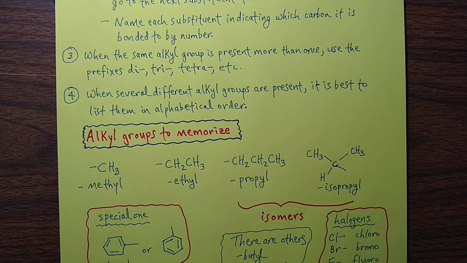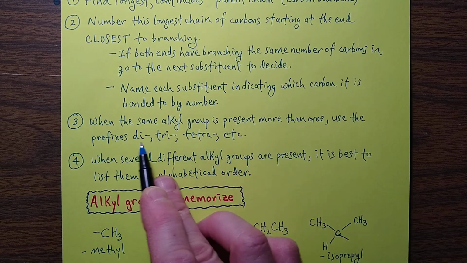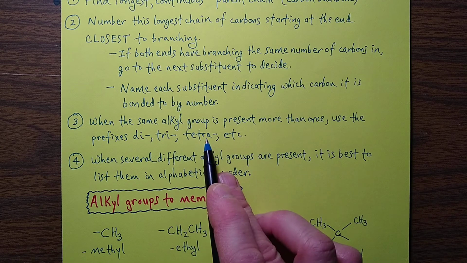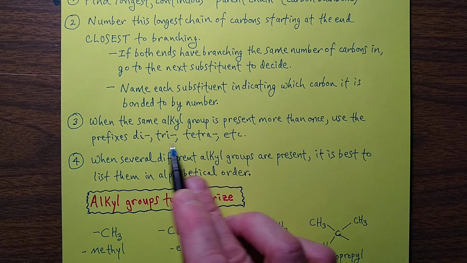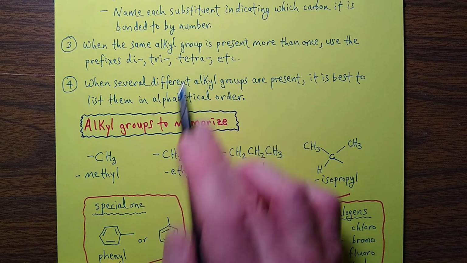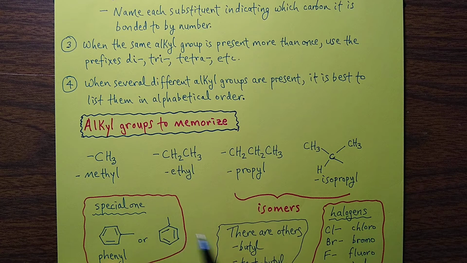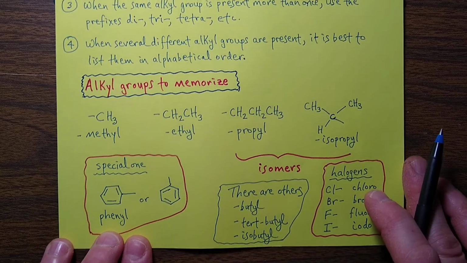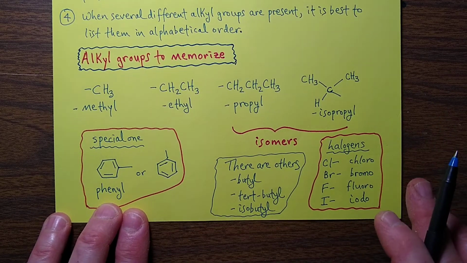When you use these prefixes, they do not count in alphabetizing. They are just telling you how many of each substituent you have, but they do not count in alphabetizing. I think I have a couple of examples, at least one that will show you how that works.